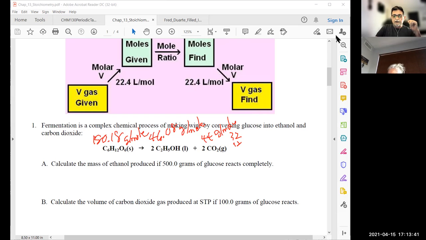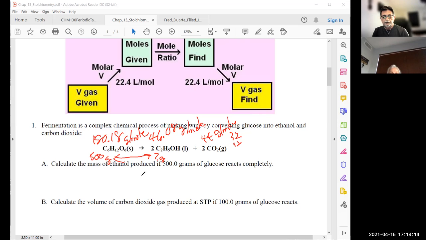So the first question it's asking is: calculate the mass of ethanol produced if I start off with 500 grams of glucose. I need to know how much alcohol, in mass in grams of ethanol. So I'm only concerned about glucose and ethanol. I don't care about carbon dioxide.